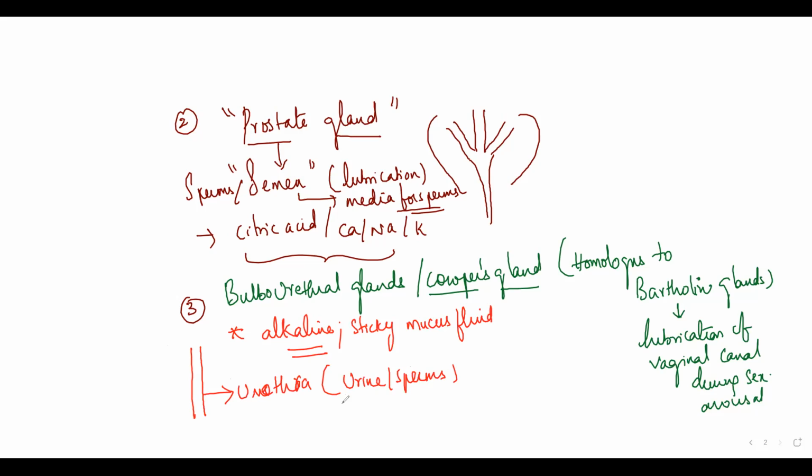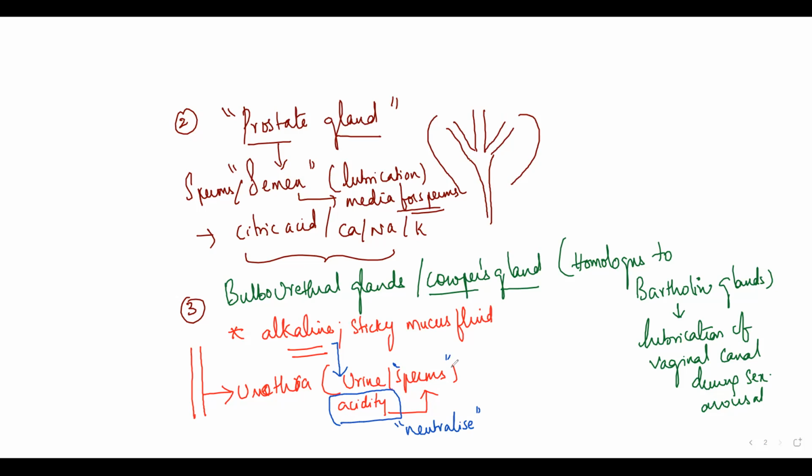So the acidity of the urine will destroy the sperms. So we need to neutralize this urinogenital tract. This alkalinity is going to act on the acidity and result in the neutralization process, such that you are saving your sperms from the acidic nature of the urine which is present in the urethra.